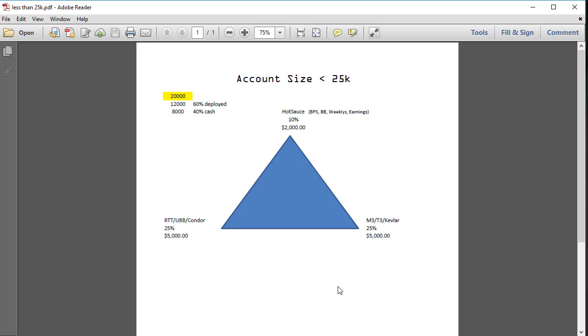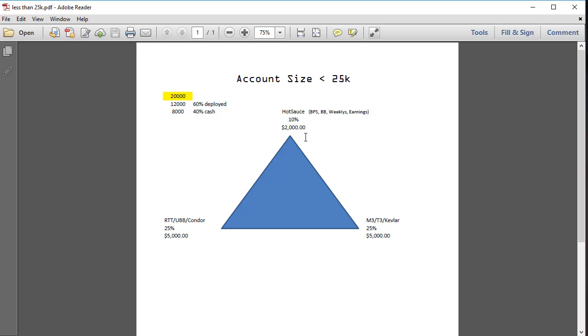That's an approach that lets you build core monthly income trades on 50% of your account while staying active on 10% of your account, making some earnings plays or trading the weekly hot sauce trade, or maybe putting on a directional trade if that's a bull put spread or a bearish butterfly or something along that line.